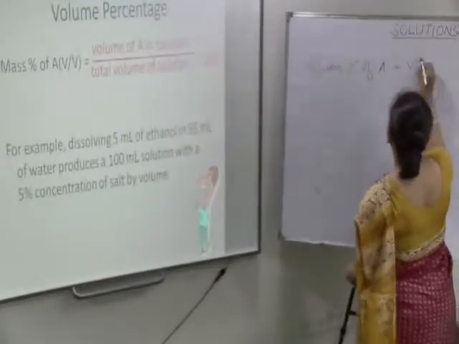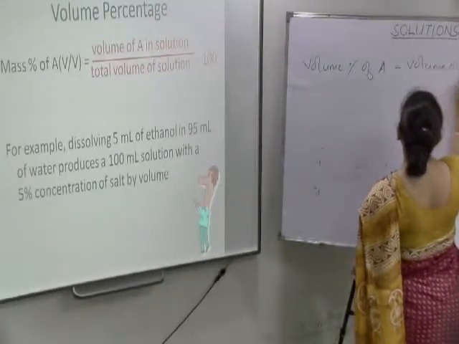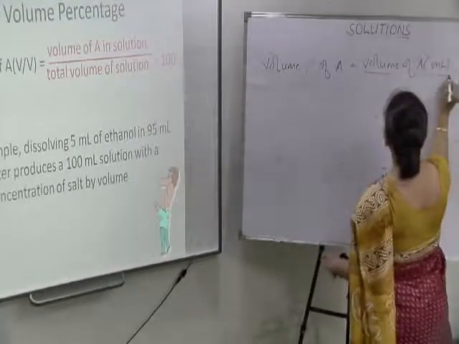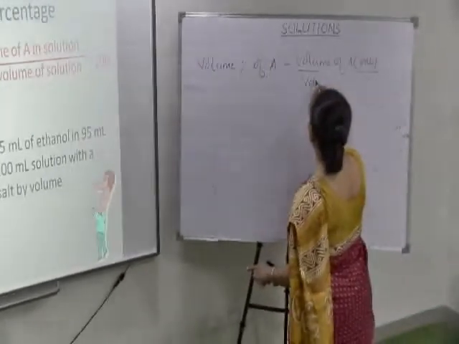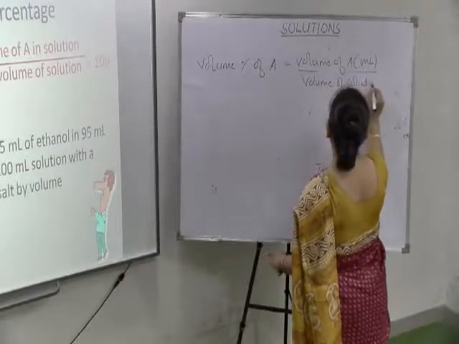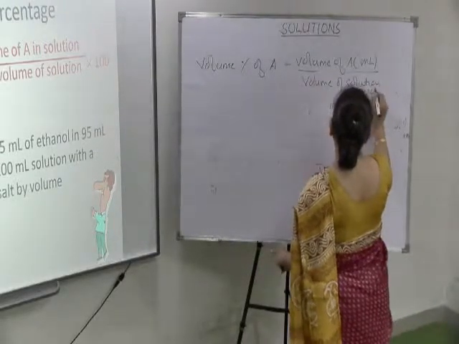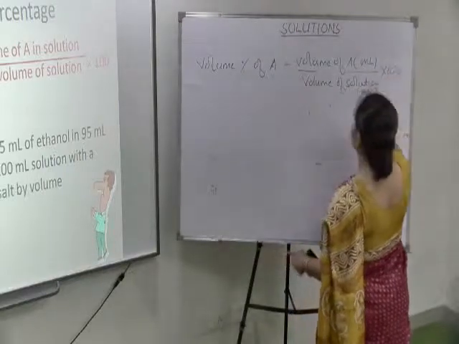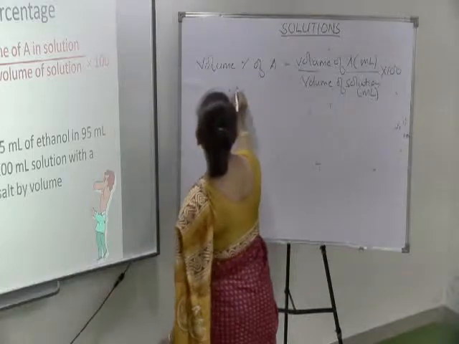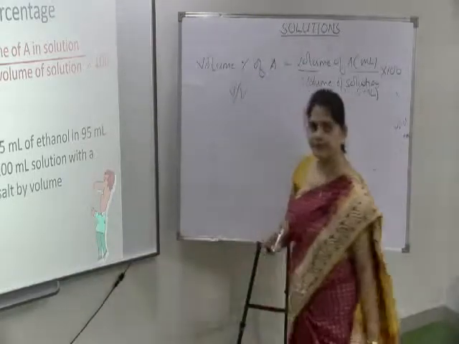So it will be the volume of component A in milliliters present in the total volume of solution, multiplied by 100. We also represent this by V oblique V.